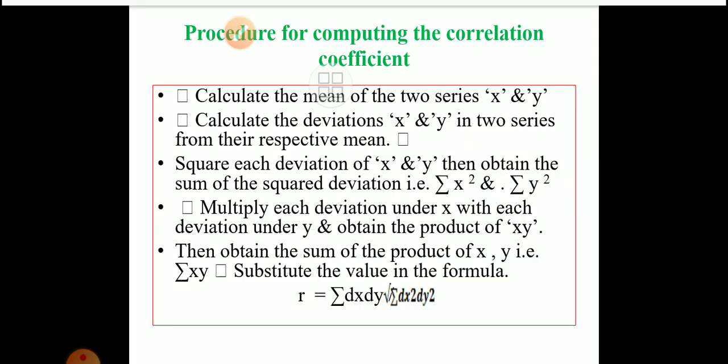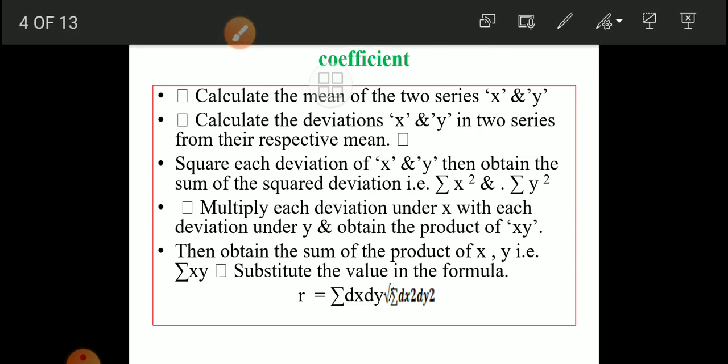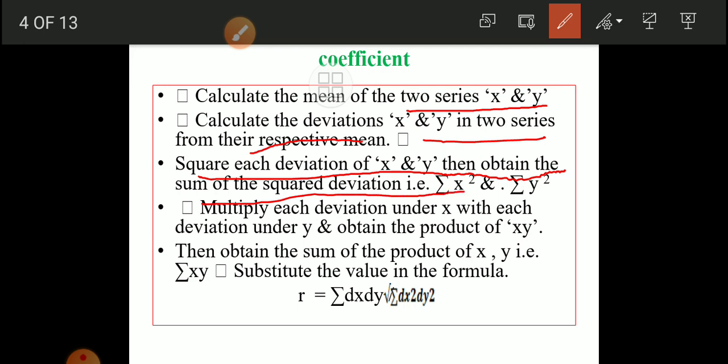Now, the procedure of computing the correlation coefficient. What is the procedure for calculating the correlation coefficient? First of all, we have to calculate the mean of the two series. Then calculate the deviations in the two series from their respective means. Then square each deviation of x and y, then obtain the sum of the squared deviations, that is summation x square and summation y square.